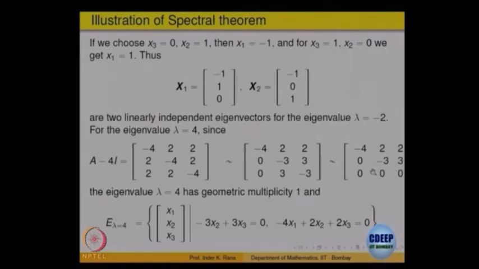So, how do you find that? What is the last equation? It gives minus 3x2 plus 3x3 is equal to 0. So, what are the non-pivotal variables? Non-pivotal is only x3, the third one.